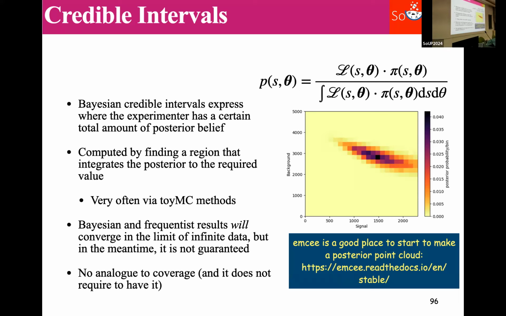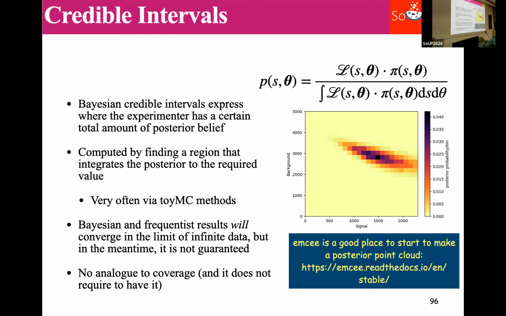And there is no purely Bayesian analog to coverage. Many people still check the coverage of Bayesian credible intervals, and sometimes they have good coverage properties. But it's not something that is inherent to the method. In fact, it's a little bit unfair to ask them to have coverage when the method never promises that it would have it. That's more if you're used to frequentist intervals and you want to have both, then you would also ask of these Bayesian intervals to have coverage.